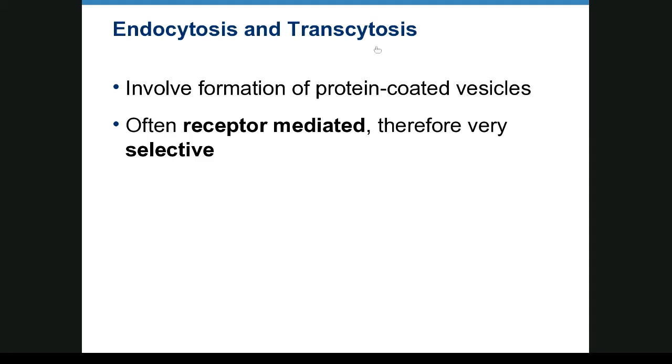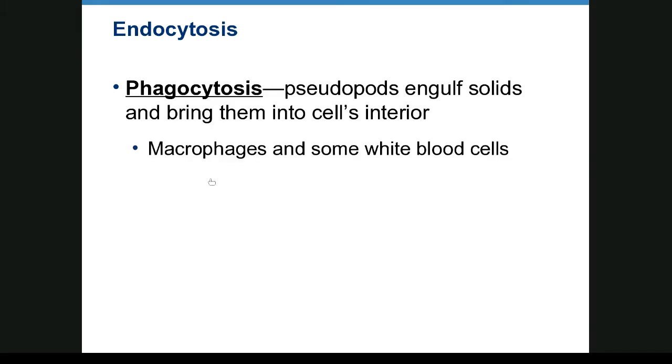Endocytosis and transcytosis are often receptor mediated, therefore very selective, such as a neurotransmitter. It has to have a receptor or there's nothing for it to attach to. Phagocytosis is the engulfing of solid particles and bringing them into the cell's interior.